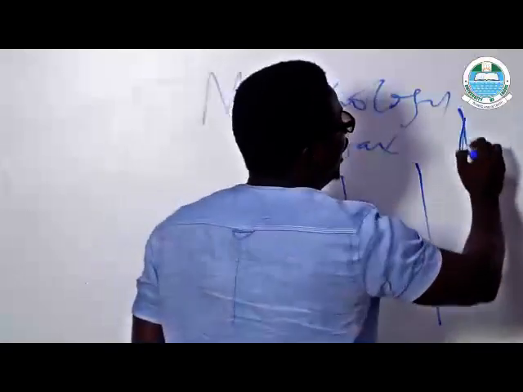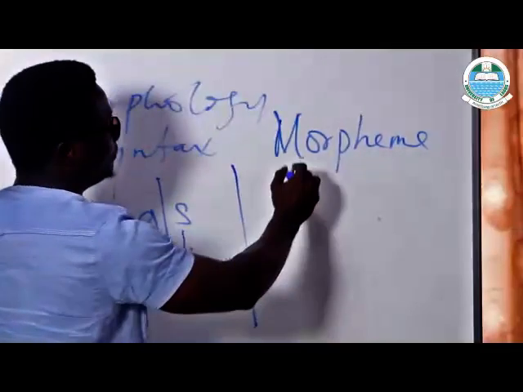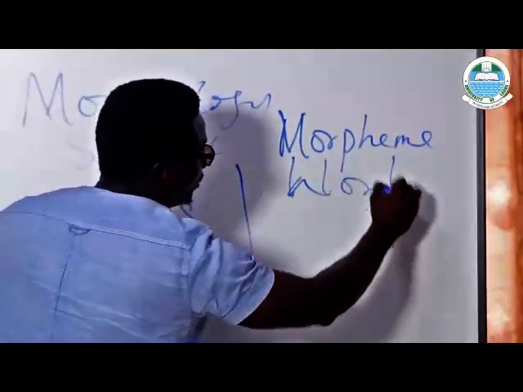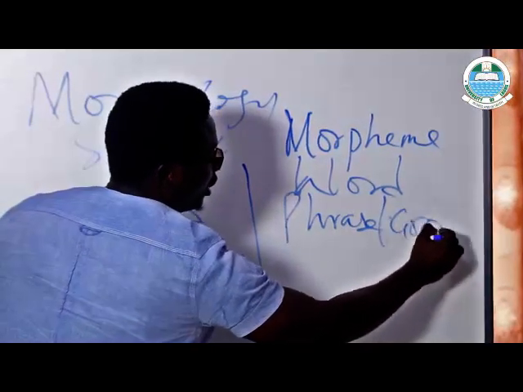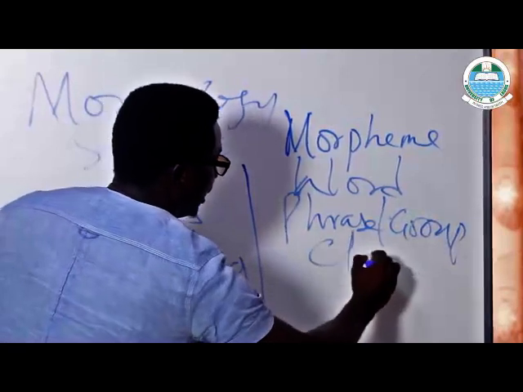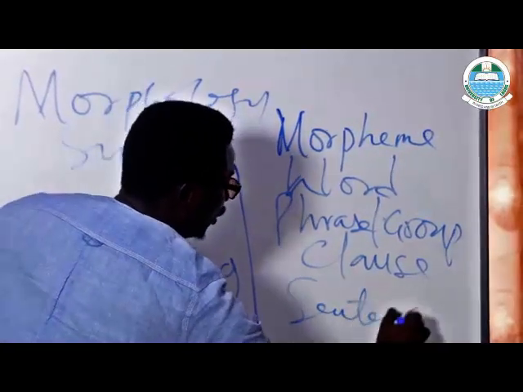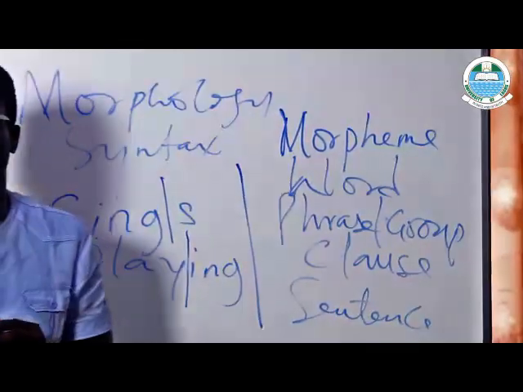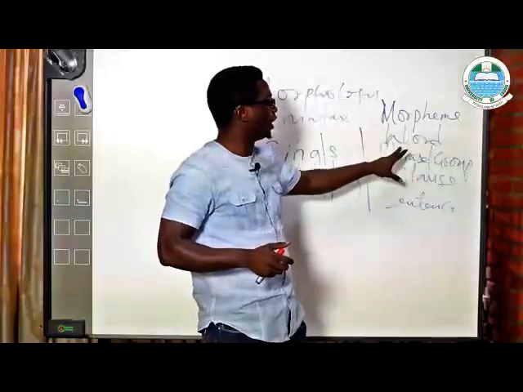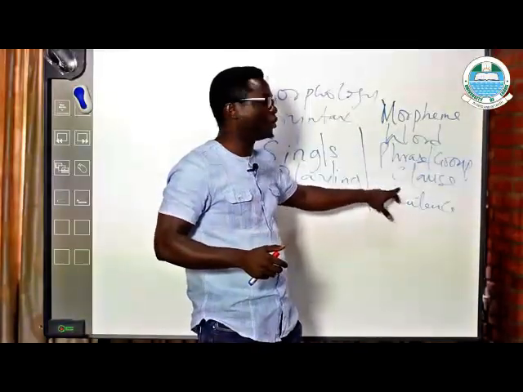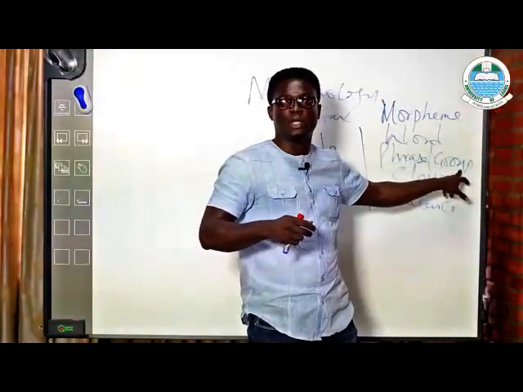The first is the morpheme, followed by the word, followed by the phrase, which you may also call the group. That is followed by the clause, before you have the sentence. Take note that the phrase can also be called the group.